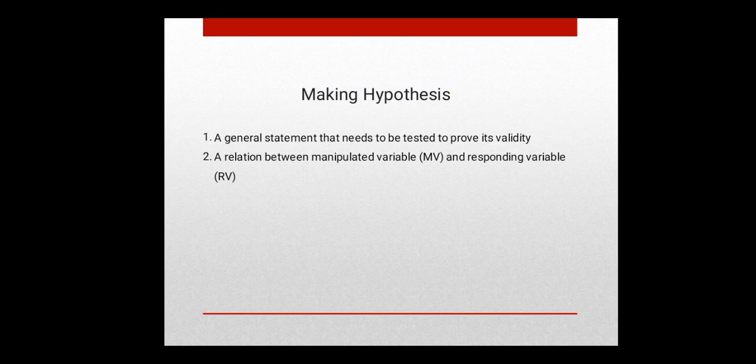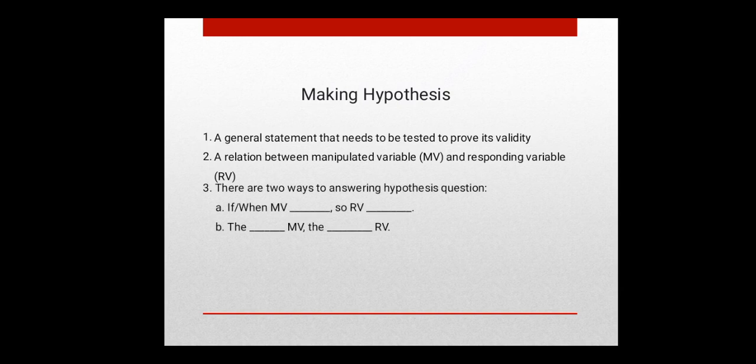Okay, making hypothesis. Okay, simple hypothesis is a relationship of MV and RV. Okay, the relationship of manipulated variable and responding variable. So when we want to answer, simple. First, we need to get all the information, the MV and the RV and the CV, and then we can answer the question using this formula.